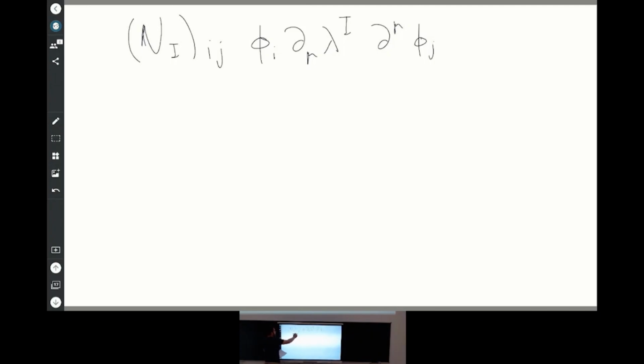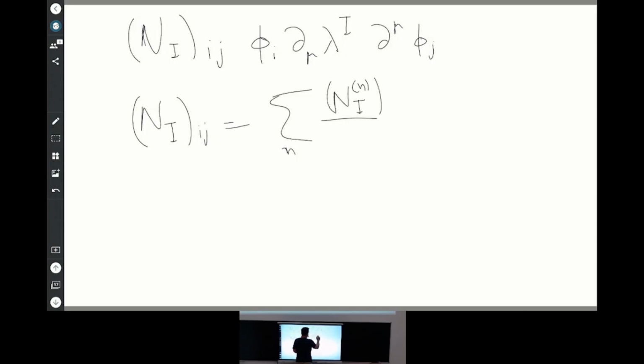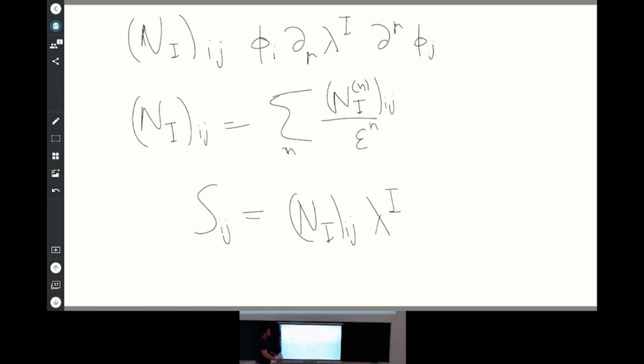This thing will be expanded out into 1 over epsilon poles, and the leading poles of this will give you this S. So this S is like a beta function for this counterterm, which is the 1 over epsilon residues here.